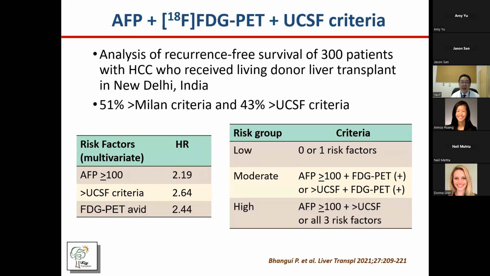A few studies have suggested a role of FDG PET in prognostication. This is a nice study from New Delhi, India, looking at a combination of AFP, PET-CT, and UCSF criteria in discriminating prognosis after living donor liver transplant in 300 patients.